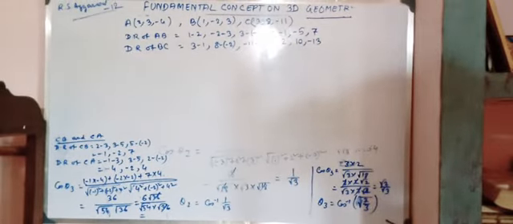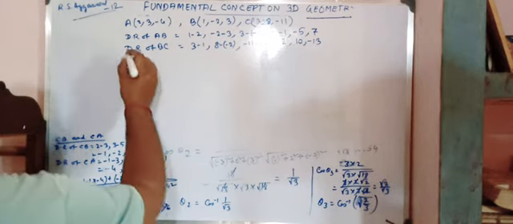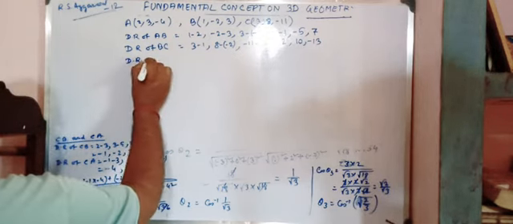So we cannot tell from this whether these are collinear or not.